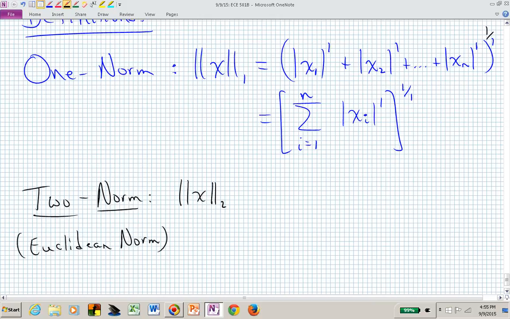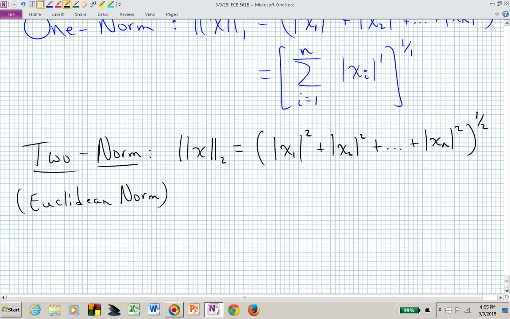But now we have the norm x, its two norm, is going to be the magnitude of the first coordinate squared plus the magnitude of the second coordinate squared on up to the nth coordinate squared, all raised to the 1/2 power.